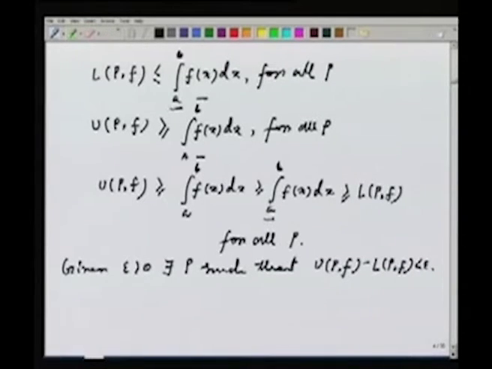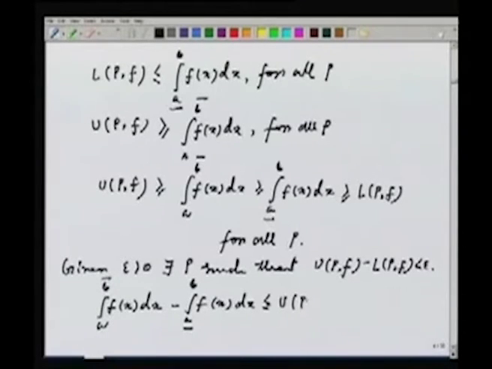Now from the previous inequality, what we get is that the integral a to b bar of f(x) dx minus the integral a bar to b of f(x) dx is less or equals to, so from the previous inequality now we get that the left hand side is less than or equals to U(P,f) minus L(P,f).